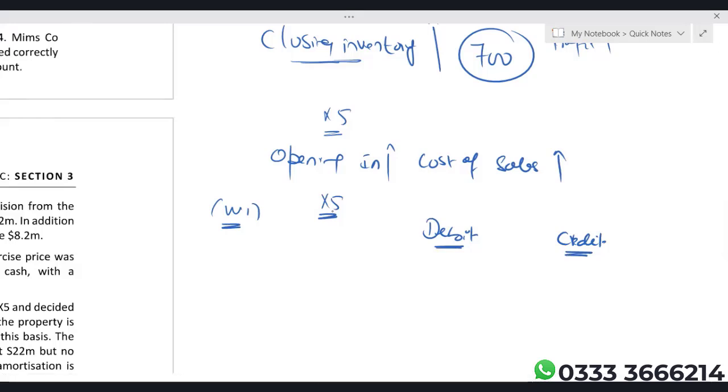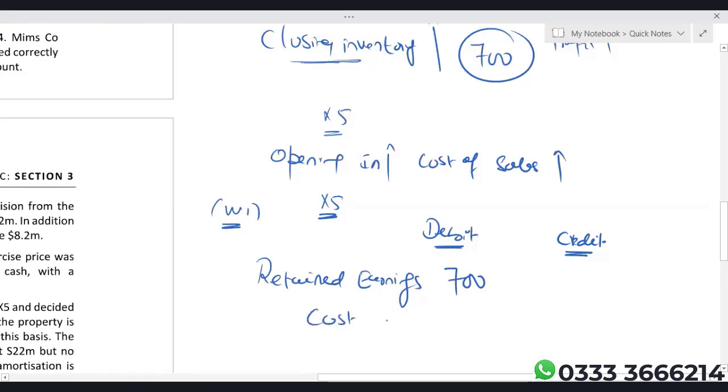If the closing inventory of X4 is overstated, it means opening inventory of X5 is overstated. So we'll simply debit this opening retained earning. And number two correction. Obviously, opening stock is overstated by 700. Increase in opening stock means the cost of sale is also increased. So simply reduce the cost of sale.